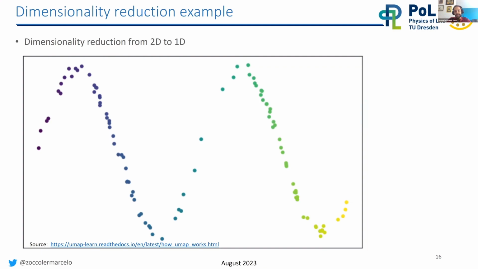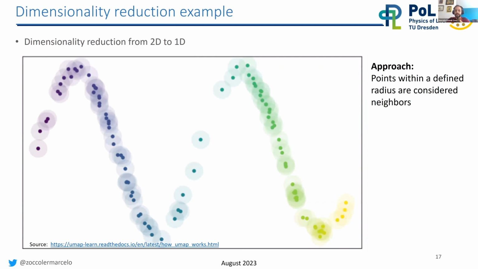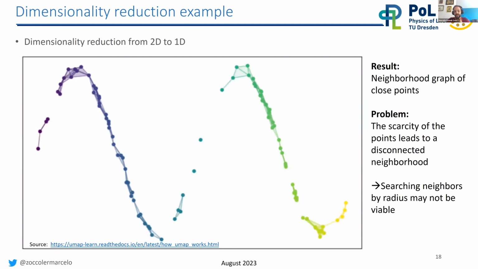One way it could try to connect these points and see their relationships could be to define a small radius around them, and then if they touch, you can connect them. And then you could try to get a pattern of what you have. The problem is that usually you have some sparsity in your data, so you may end up with disconnected regions, and then it may be difficult to get the whole pattern.